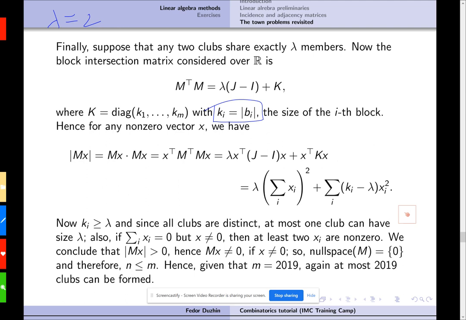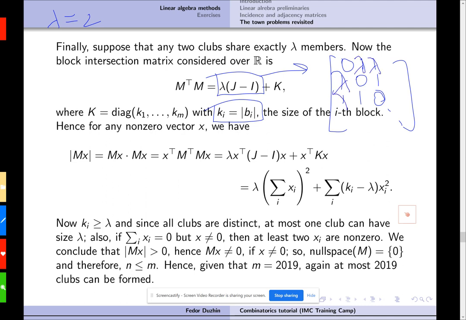And consider again this block intersection matrix. So now let's make sense of it. What is this? J minus I. Recall that J is the matrix of all ones, and I is the matrix with ones on the diagonal. So J minus I is the matrix with zeros on the diagonal and ones outside the main diagonal. Times lambda, of course, we will have lambdas outside the main diagonal.